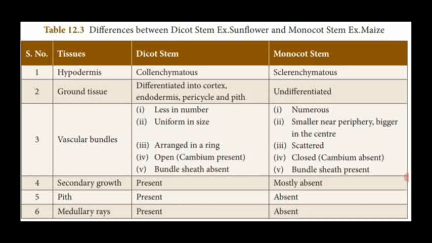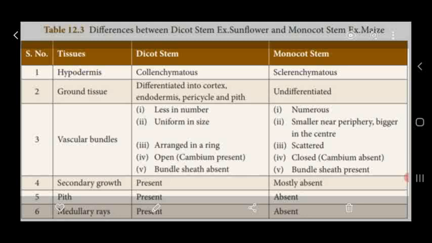I already told you the difference between monocot root and dicot root. The cambium is most probably present in the dicot plant only. So here also, dicot stem has the cambium, in monocot stem it is absent.